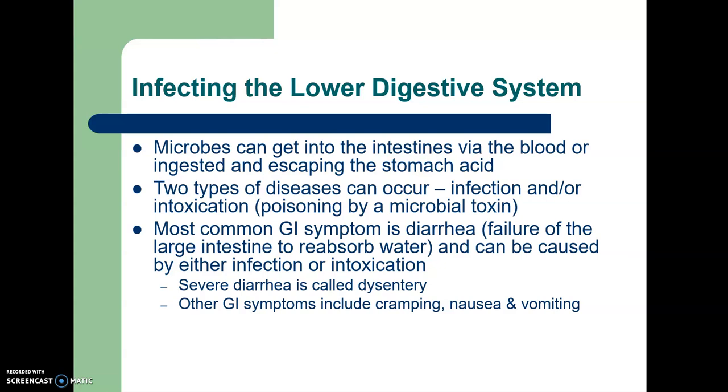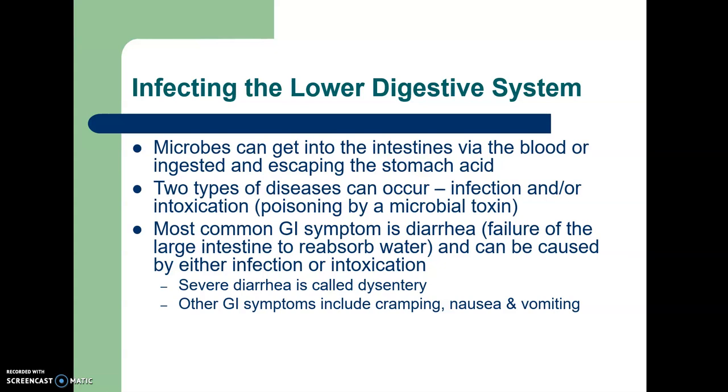So the large intestine's main job is to reabsorb water from the chyme. The chyme is the remaining material after all your food has been digested and after all of your nutrients are absorbed. You have kind of this leftover stuff. Maybe there's a little bit of vitamins and minerals left, but it's mostly water and waste, okay?